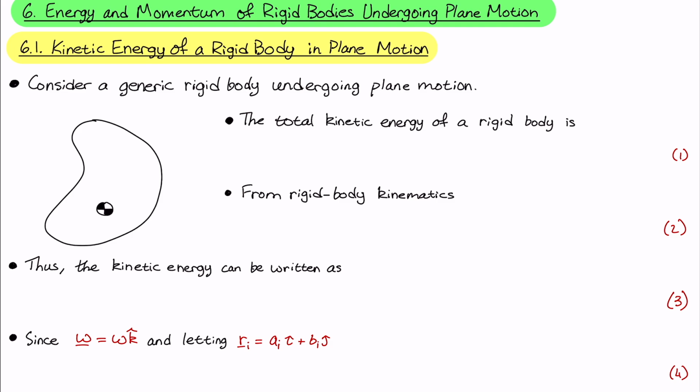Okay, so we're going to consider a generic rigid body, shown here undergoing plane motion. I'll draw on the center of mass here. It's going to have some velocity acting at that center of mass. Let's say that's VC. And then some angular velocity, which we'll just say is omega. Since this is planar motion, omega is just equal to theta dot in the k hat direction.